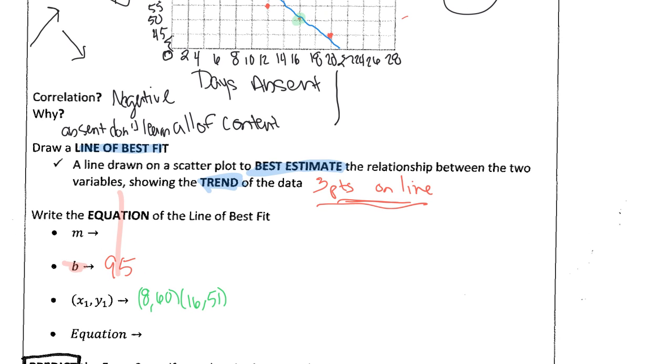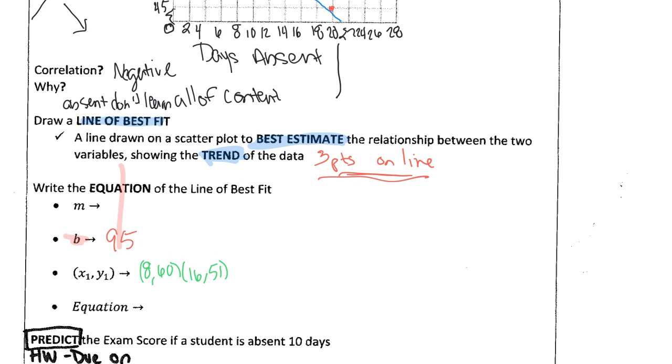Okay, so let's find our line of best fit. So remember how we find our slope. We do y2 minus y1 over x2 minus x1. So I get 9 over 8, and it's negative. And our slopes aren't going to be pretty, okay? They're not going to be pretty slopes.